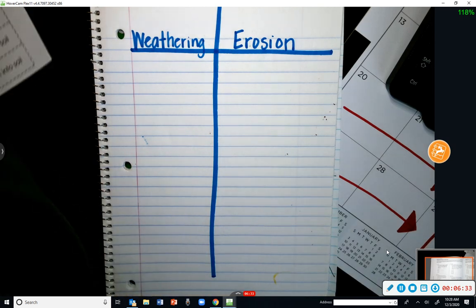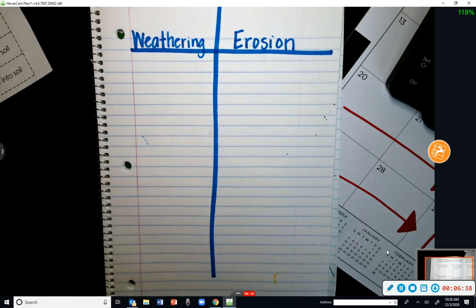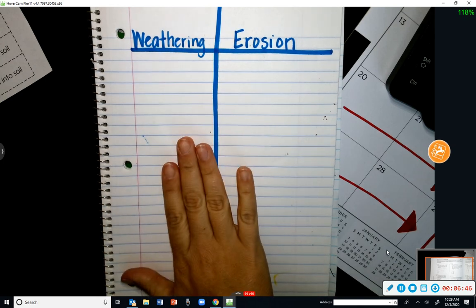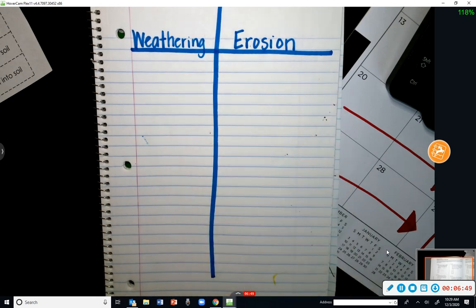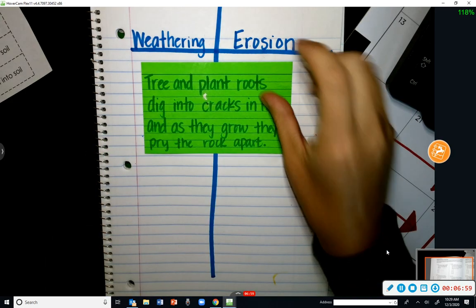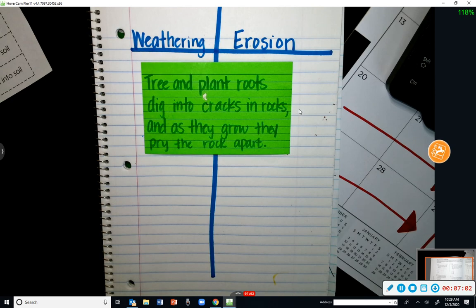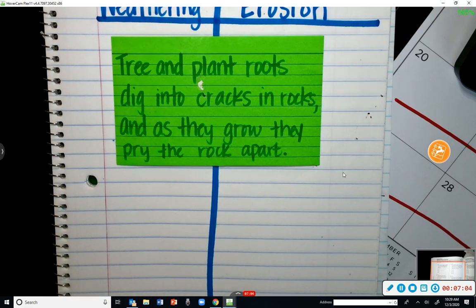So now what we're going to do, I'm going to give you different situations, and you're going to have to tell me whether it's weathering or erosion. If it's weathering, then you're going to write it over here on this side. If it's erosion, then we're going to write it on this side. Okay, we ready? First one. Tree and plant roots dig into cracks in rocks, and as they grow, they pry the rock apart.